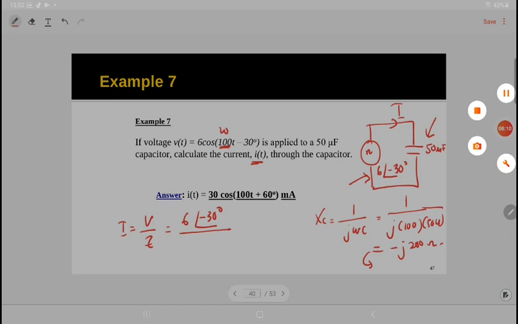For the AC circuit, G is represented by the admittance Y. Admittance Y is the reciprocal of impedance, so it is measured in the same unit as conductance, which is siemens. Therefore, Y equals 1 over Z, and Y is equal to I divided by V.